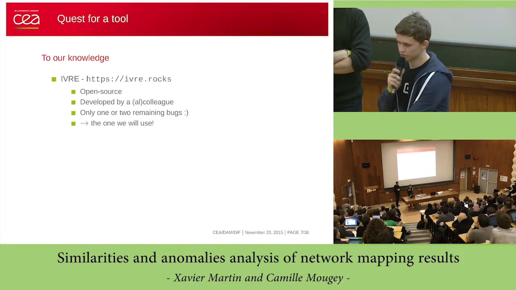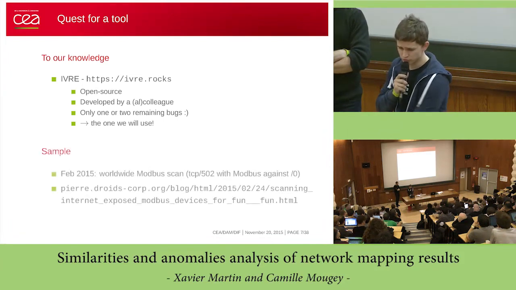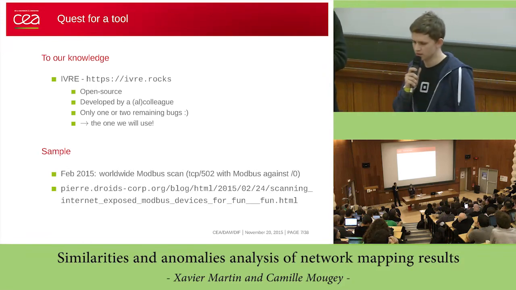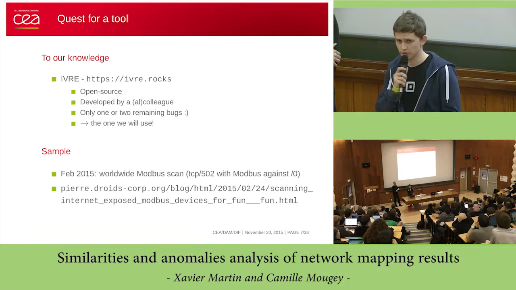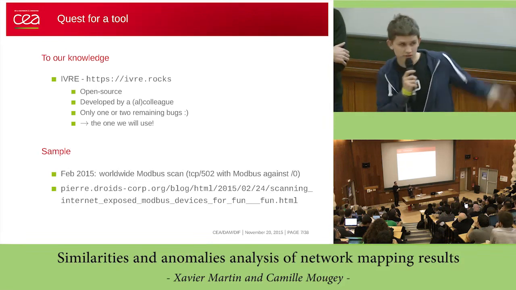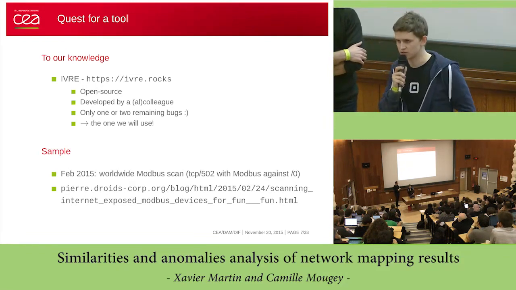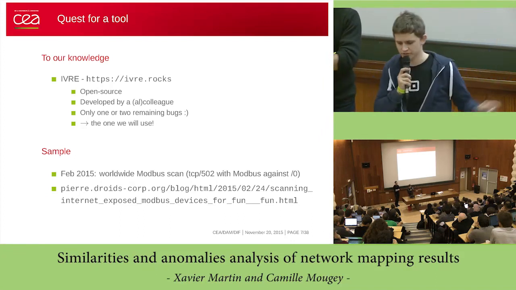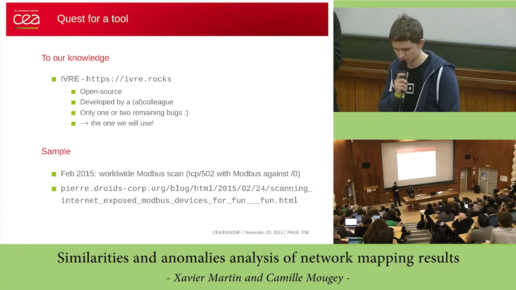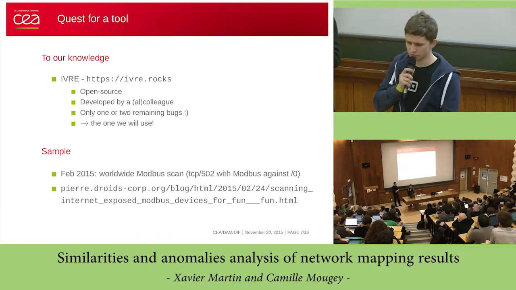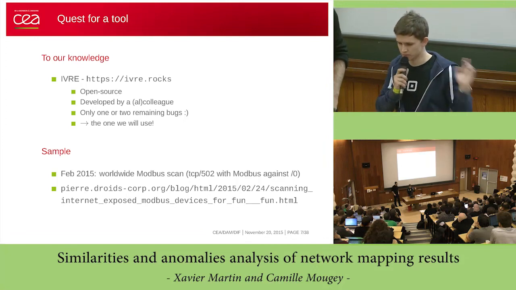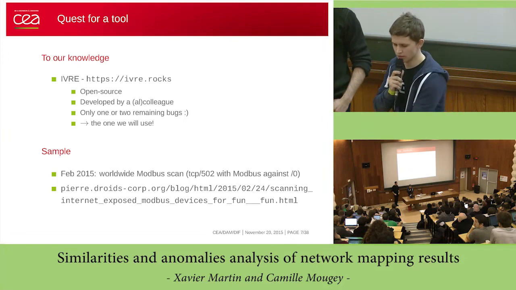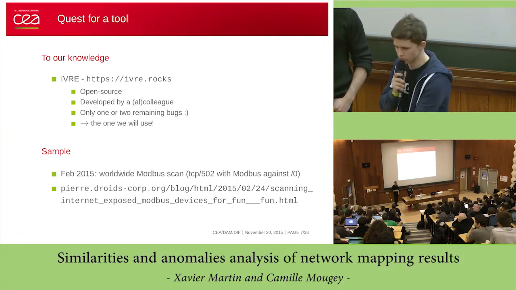We talked earlier about Modbus, so we'll focus on a scan which has been done on the whole internet on the default port for Modbus, and you can get the result on the internet at this link. So we use an open source tool, and the sample is already available, so all of our results are reproducible.